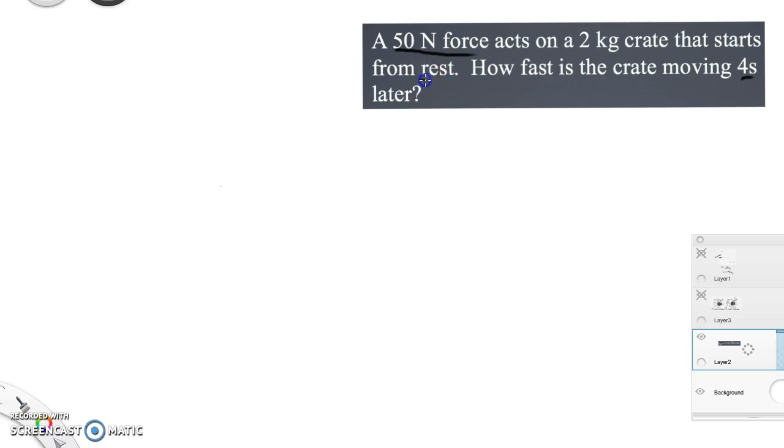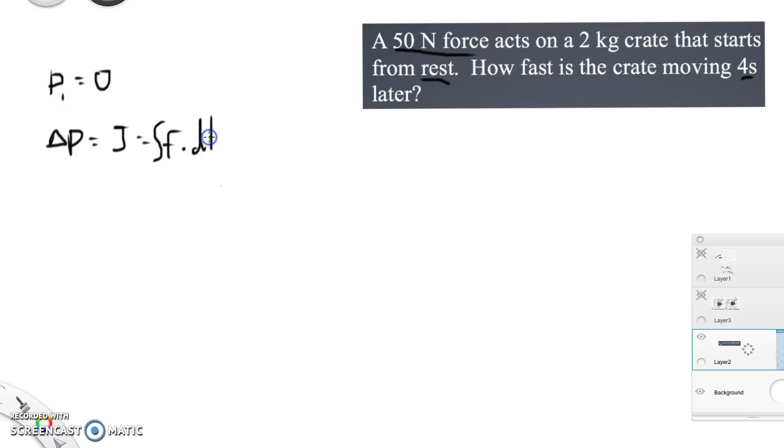Well, if the object starts from rest, that would mean that the initial momentum of it is equal to 0. And we know that our change in momentum, or J, is equal to the integral of the force on the object with respect to time.